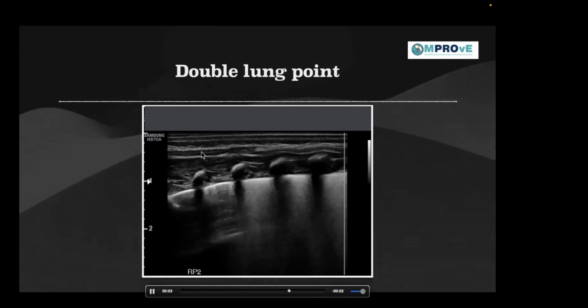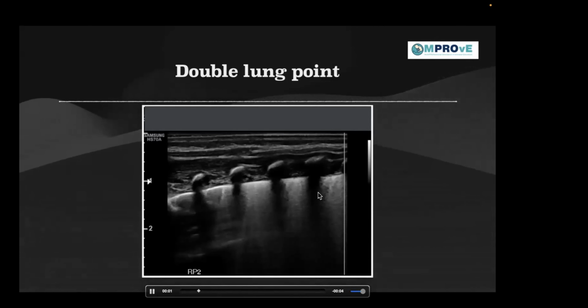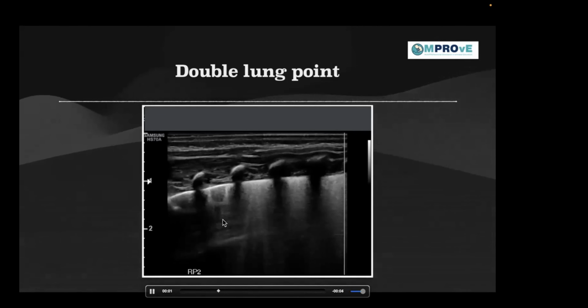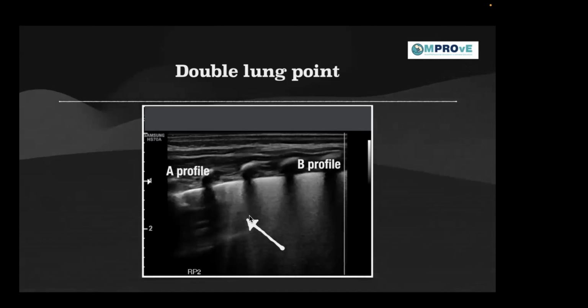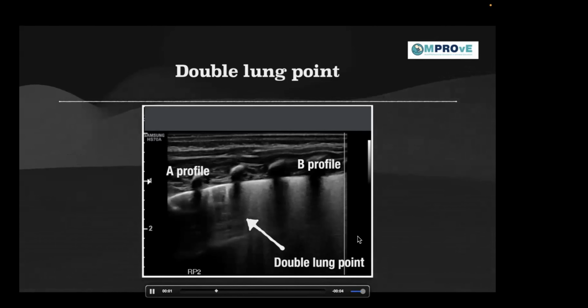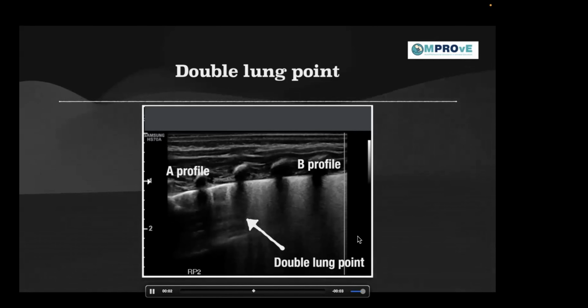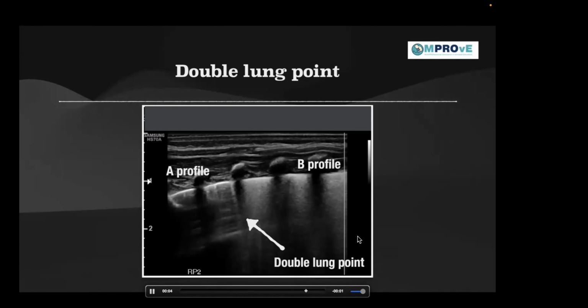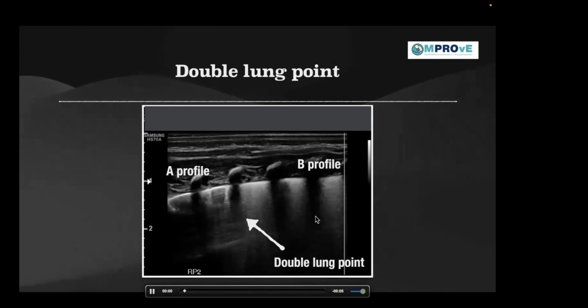Or you can say a combination of, you see A profile in this part of the screen and you see complete B profile on this part of the screen. That's a double lung point for you. So A profile, B profile, and this transition area is your double lung point. I think Alu is going to talk about it anyway in his session with you guys on RDS and TTNB. You will have a lot of repetition about this, but to understand, this is what it is, the double lung point.